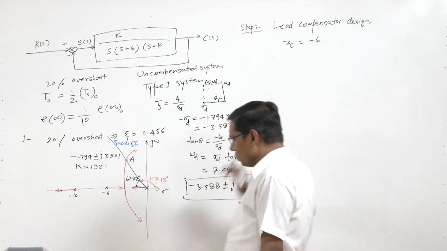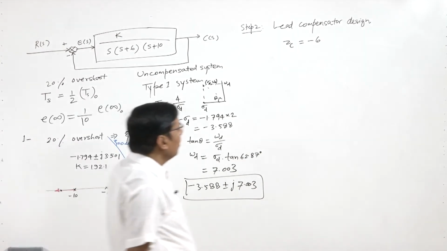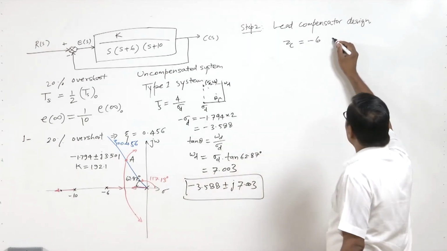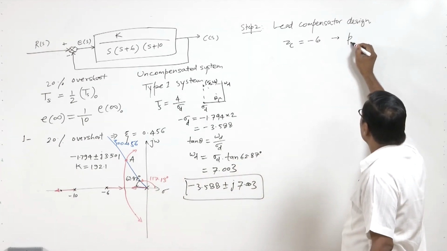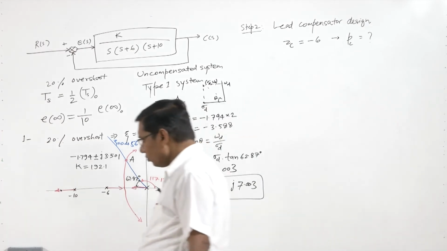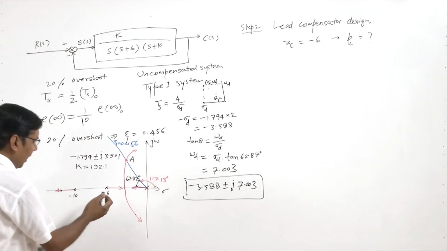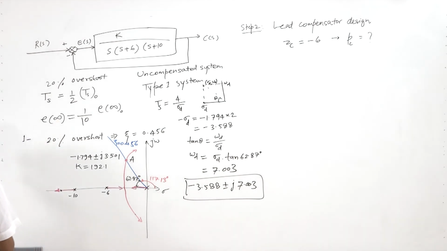So we select a 0 at minus 6, and then we try to find the PC. So we have to find the compensator pole.